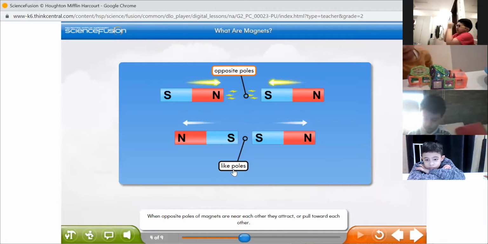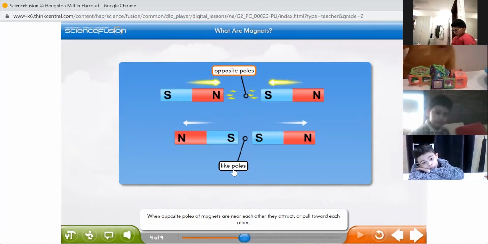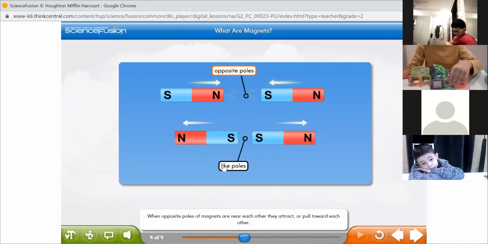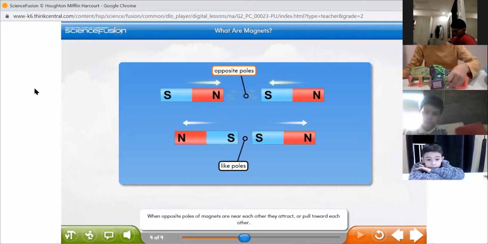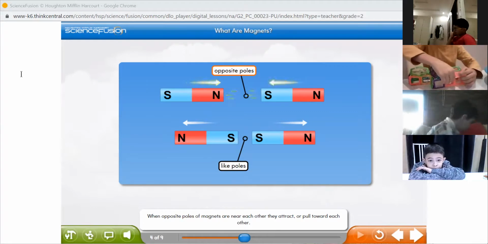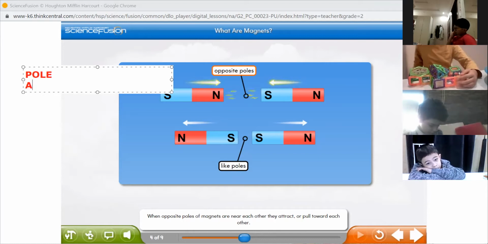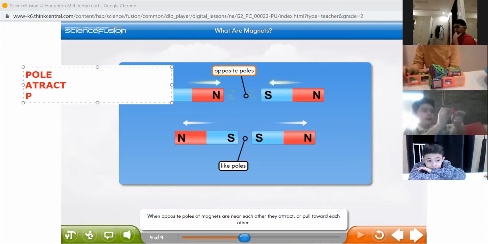When you are talking about magnets, my boys, you need to use the words attract and repel, okay? Whenever you are talking about magnets, you have to use 3 magic words: pull, attract, and repel.